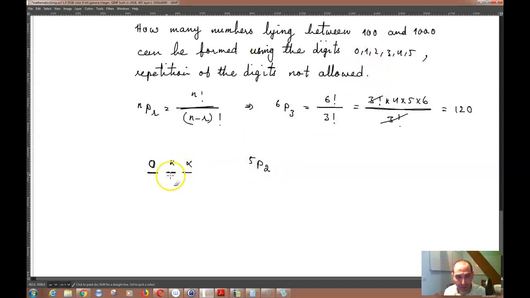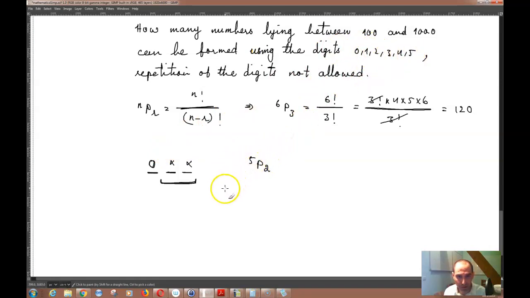Because when it comes to these two digits, I'm assuming that I'm not using 0 here, right? So 0 has been used here, so I'm not using 0 in any of these two placeholders. So if 0 is not being used, I have 1, 2, 3, 4, and 5.